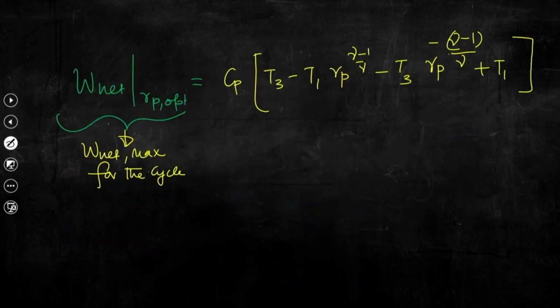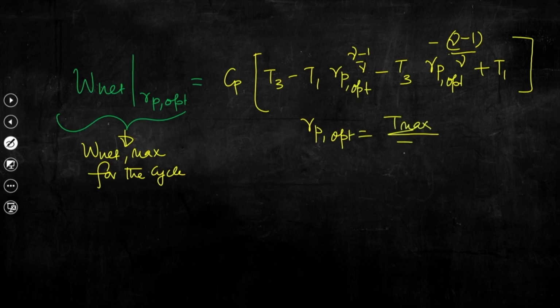What if we plug in the value of Rp optimum over here, because Rp should be optimum now, and Rp optimum equal to T max by T min power gamma by 2 into gamma minus 1, because T max by T min power gamma by gamma minus 1 is Rp max, under root of that is Rp optimum.